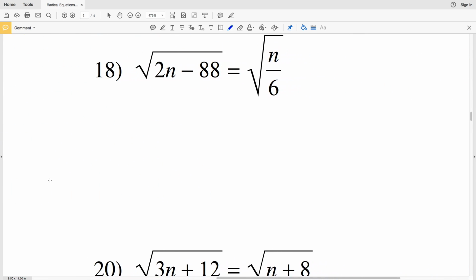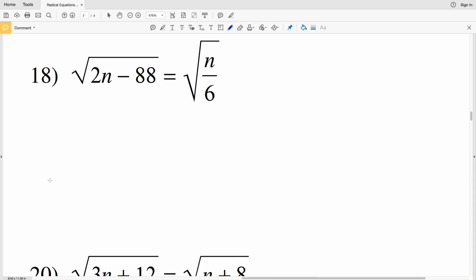On to number 18. The square root of 2n minus 88 equals the square root of n divided by 6. Start by squaring both sides. When we square the square root of 2n minus 88, that leaves us with 2n minus 88. When we square the square root of n over 6, that leaves us with n divided by 6.